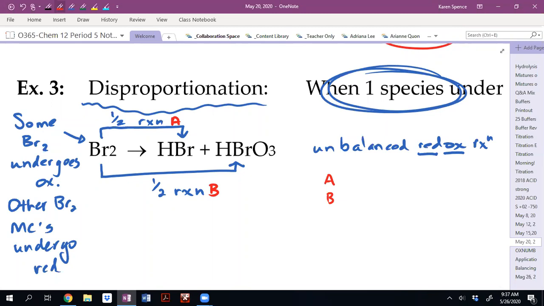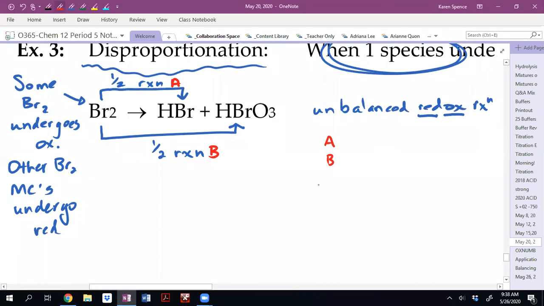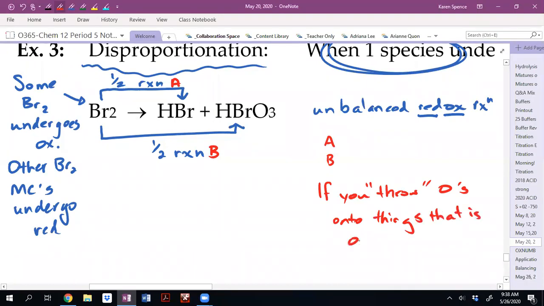Okay, so I've got various answers coming in. Okay, so let's take a look at A. One of the things that I haven't mentioned is that if you just throw hydrogens onto things, that's going to be reduction. If you throw oxygens onto things, that is oxidation, okay?